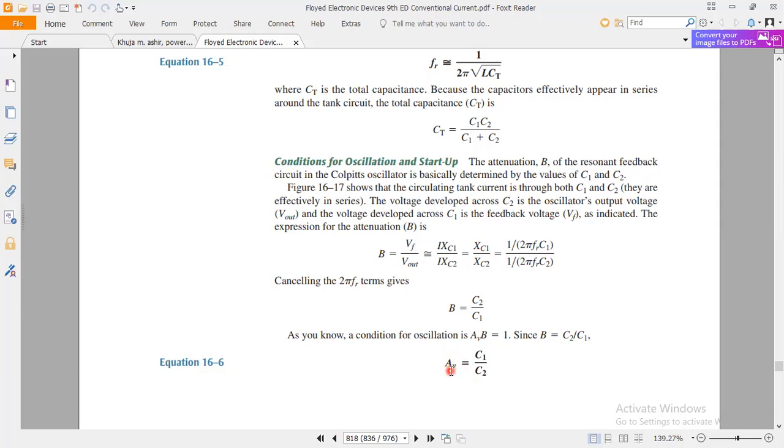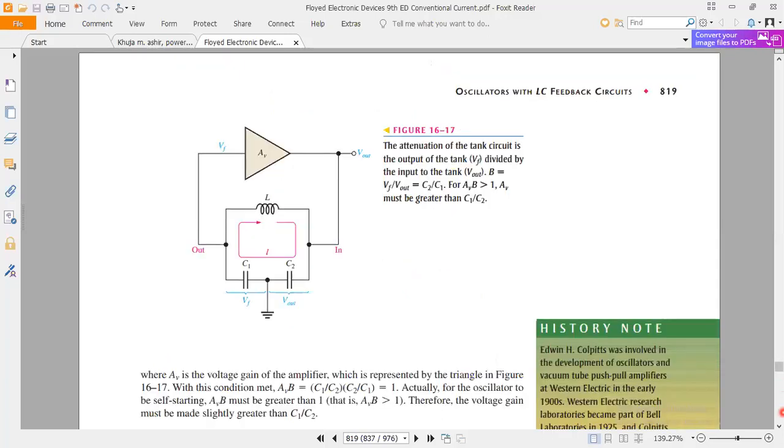In previous lectures we already discussed that attenuation is the reciprocal of voltage gain, and gain is the reciprocal of attenuation. The same phenomenon is fulfilled here: C2 divided by C1 is attenuation, and the reciprocal, C1 divided by C2, is the voltage gain.